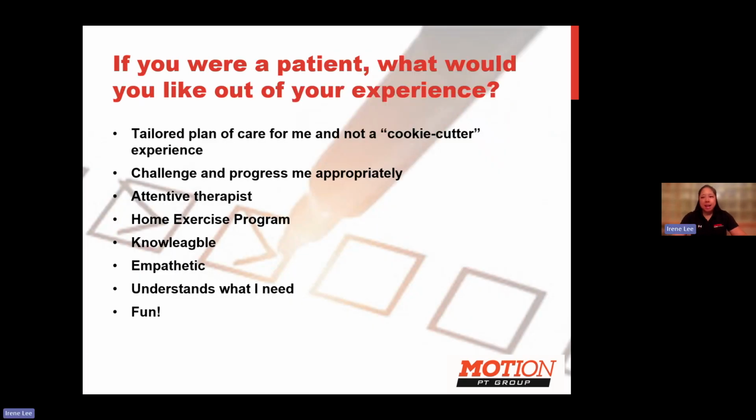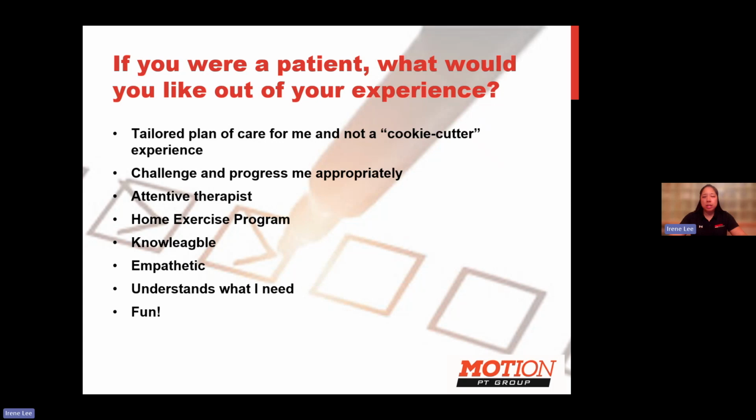What I always ask my students and the new therapists that come to my clinic is, if you were a patient, what would you want to get out of your experience at a clinic? I listed a whole bunch of stuff here, but I also want you to take the time to think about that too. It doesn't have to be what I'm saying here, but from my experience, from what my patients are telling me, it's that the plan is tailored to me.